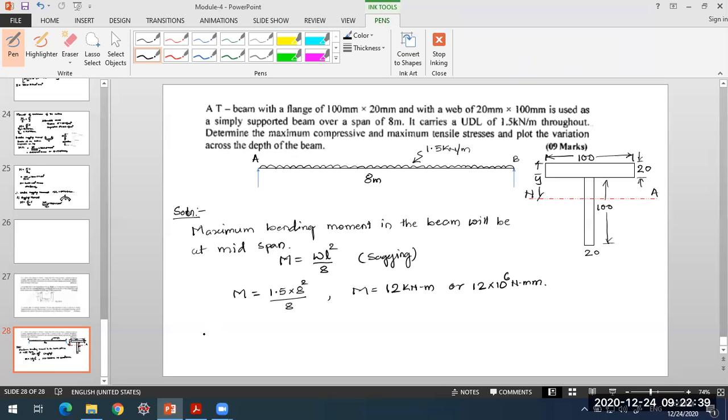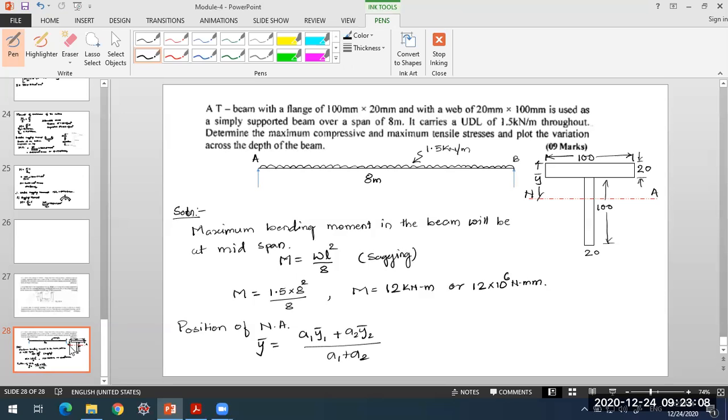Now the position of the neutral axis. For that I'll just take this expression which we use for the location of the centroidal axis: y bar equals A1 y1 bar plus A2 y2 bar, divided by A1 plus A2.